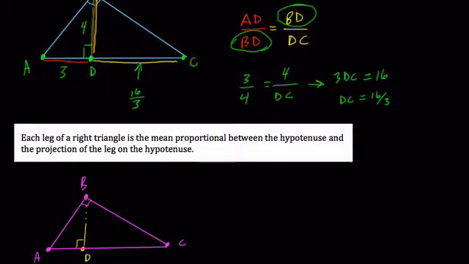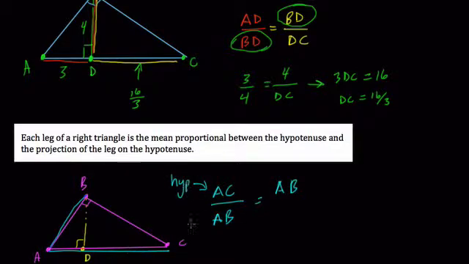So what does that mean? Well, it depends how we order this. But here, let's say we look at this large hypotenuse AC, and we say the ratio of AC to the leg AB is the same as AB. So here, AC is the hypotenuse of the largest triangle to a leg AB.